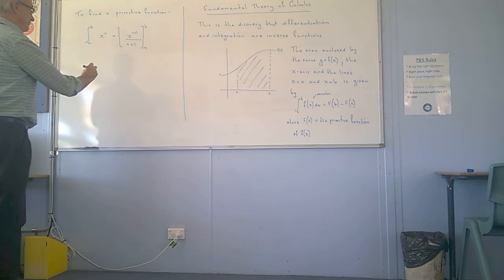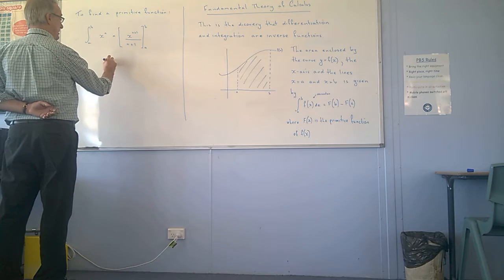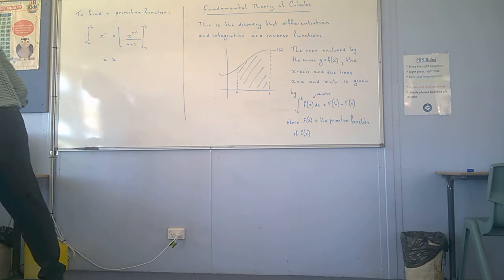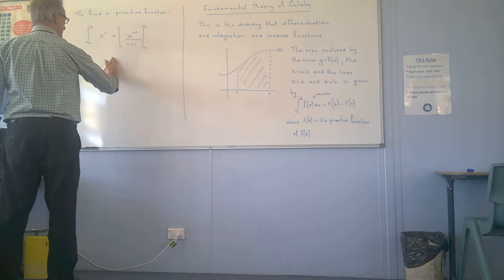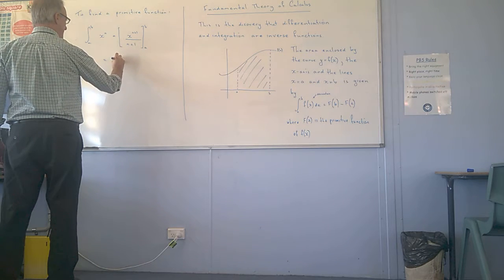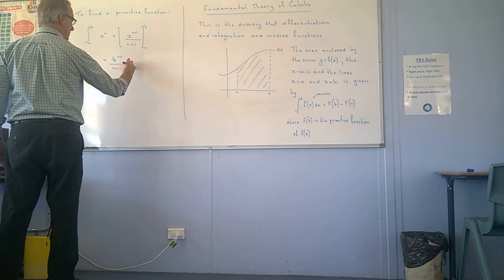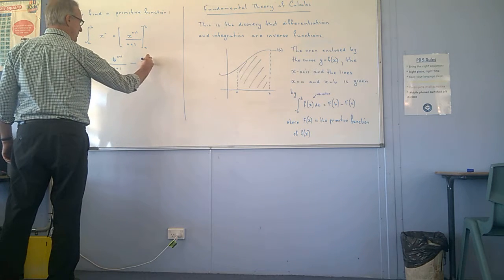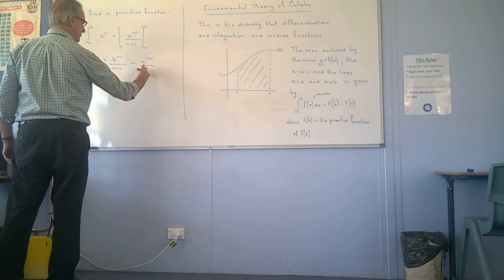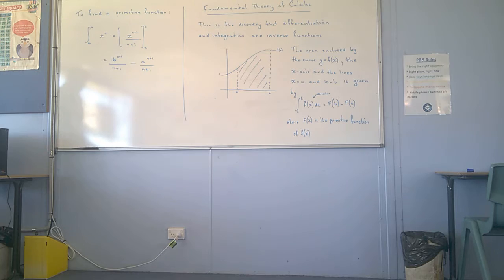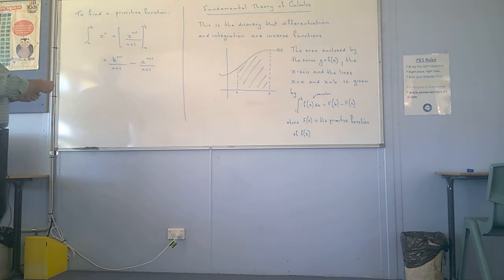And that is, I beg your pardon, sorry, it's b to the n plus 1 over n plus 1 minus a to the n plus 1 over n plus 1. And that's one of the ways to find an integral.